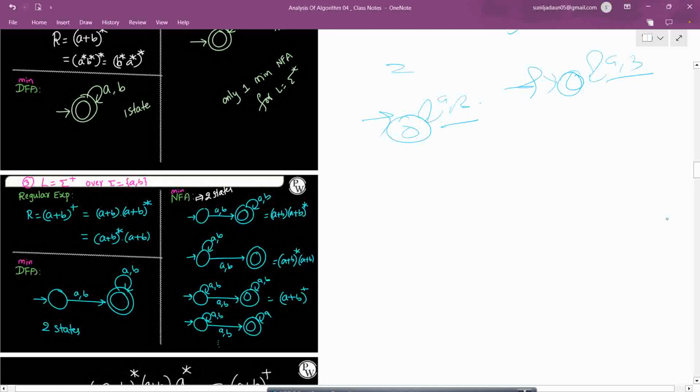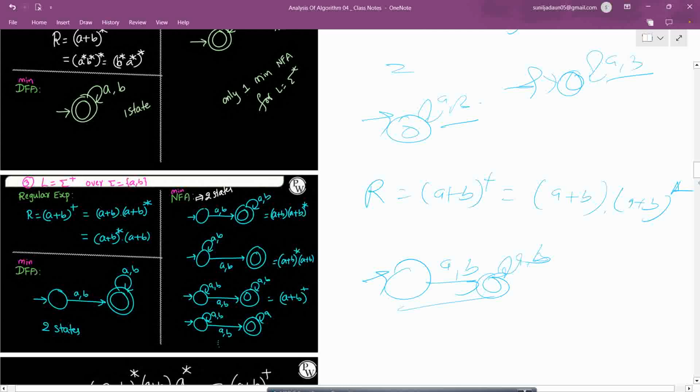So in the case of this, R is a plus b, what we can say (a+b)+. In the case of minimum DFA, a comma b and a comma b, two states are required. But in the case of NFA, what about zero states?